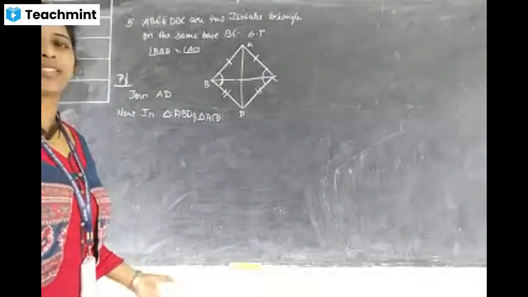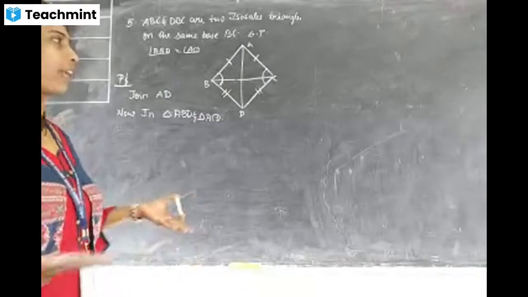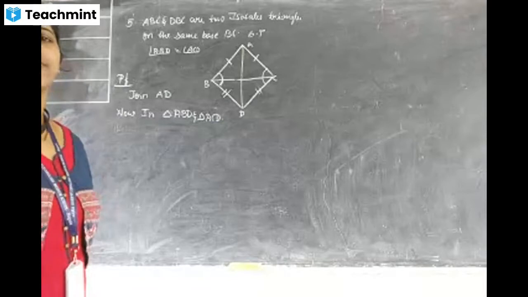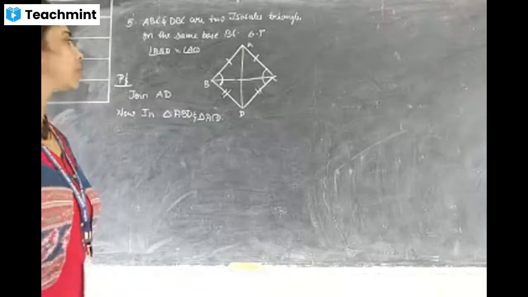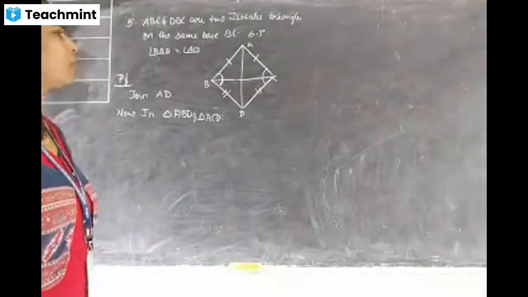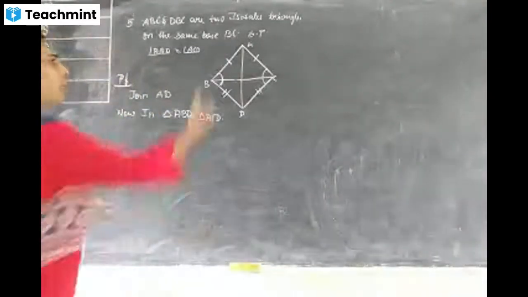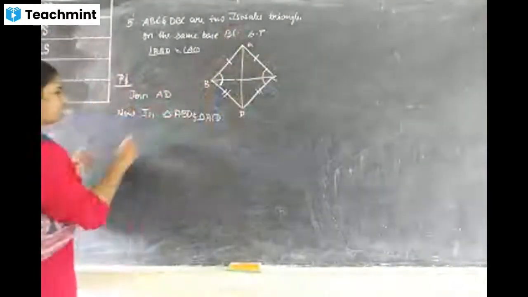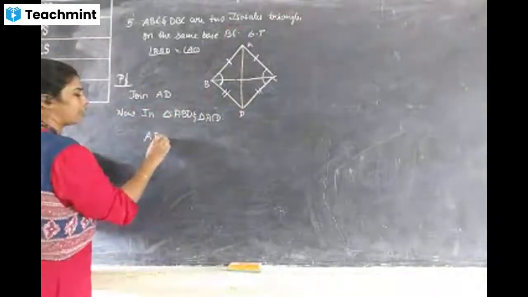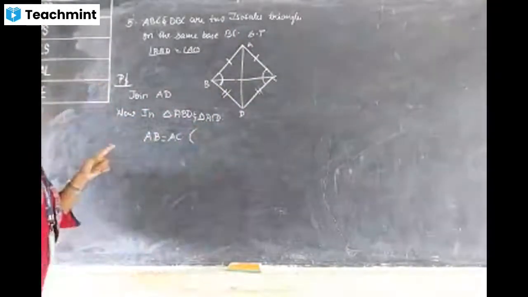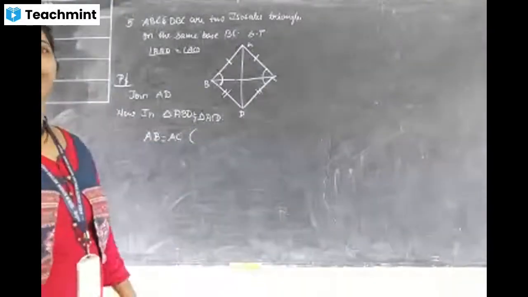Tell me which sides are equal, which angle is equal, what can I write? Search fast. It is in front of my eyes. Very good. AB is equal to AC. One side is equal. Reason? Given.